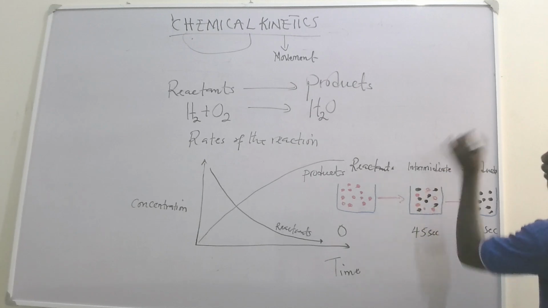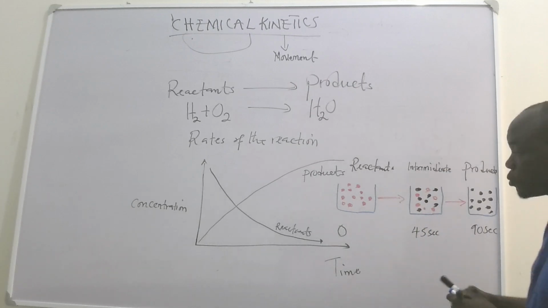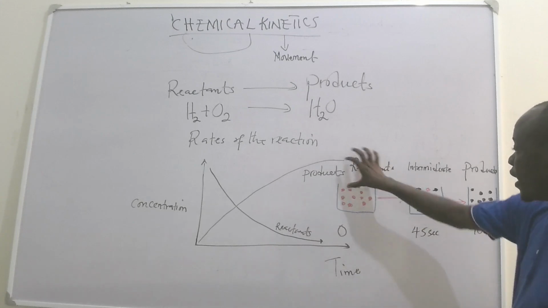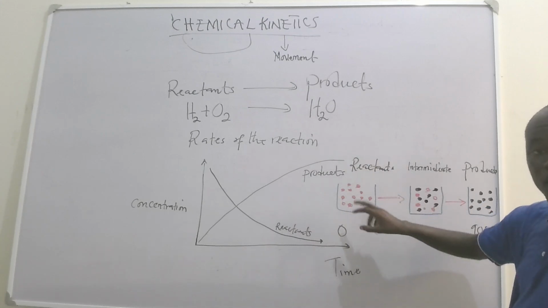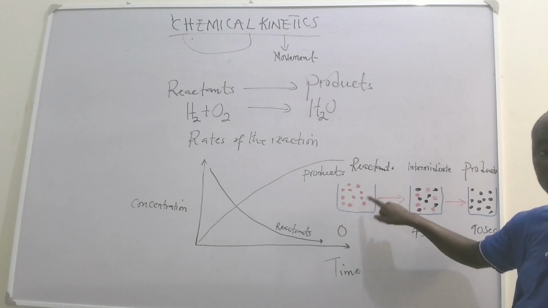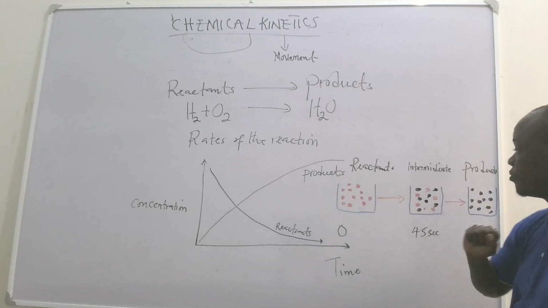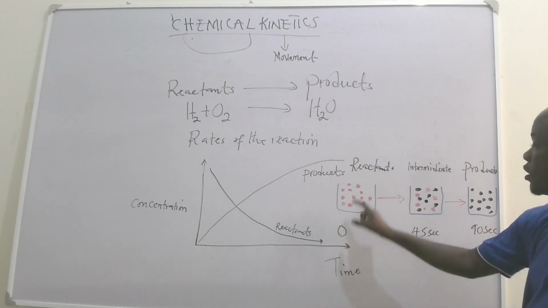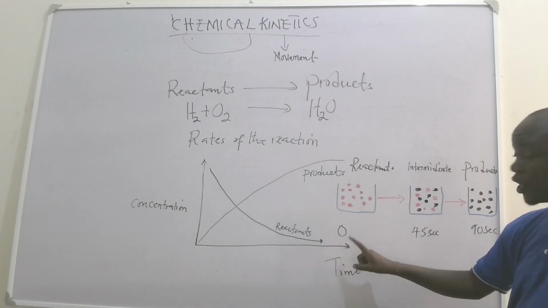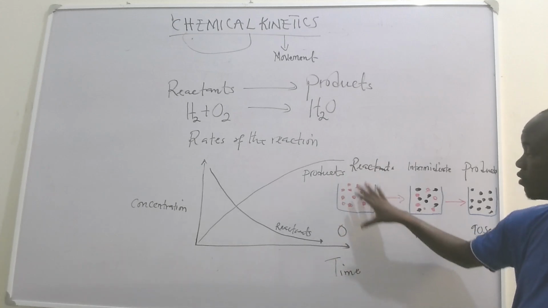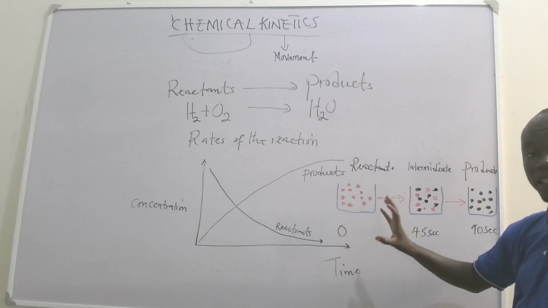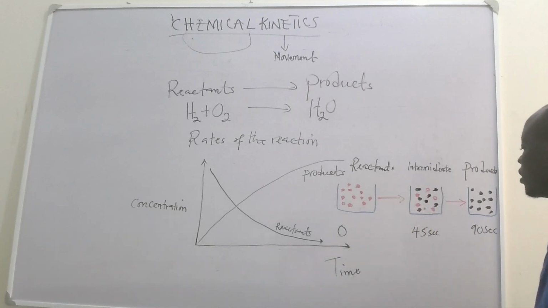And this is the intermediate state of the reaction. At this point, the reactants are all red in color inside the reactant system, and that is at time zero. At time zero, all the reactant particles are there, and the reaction has not started.